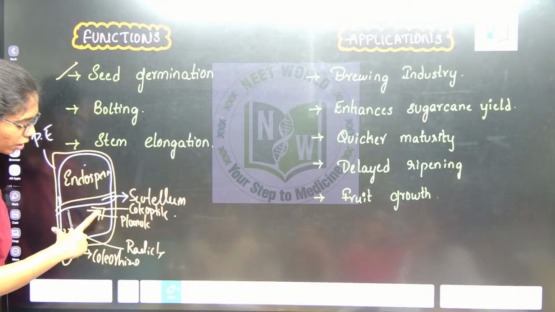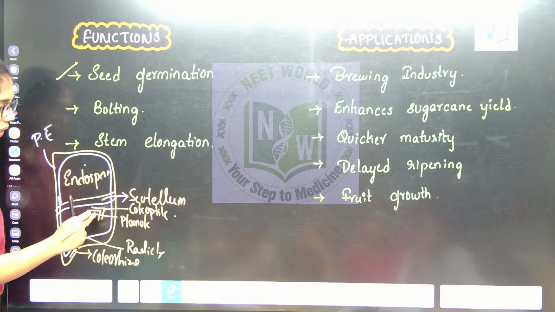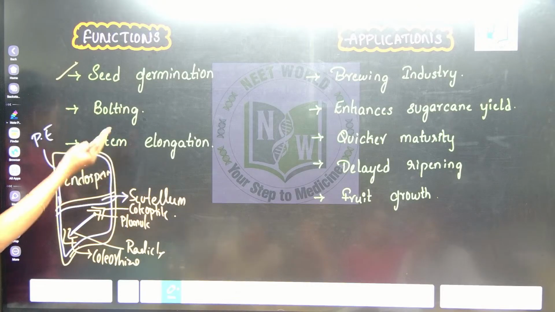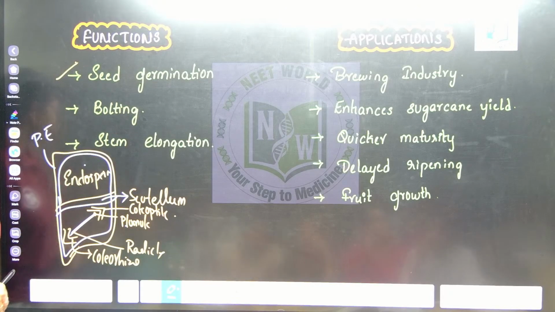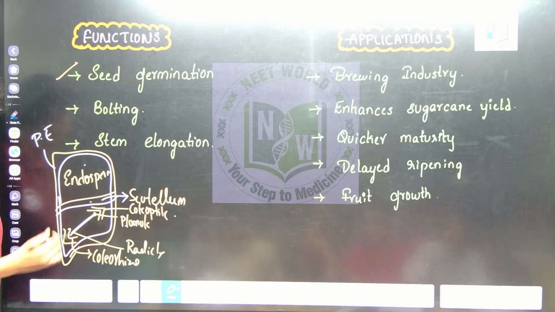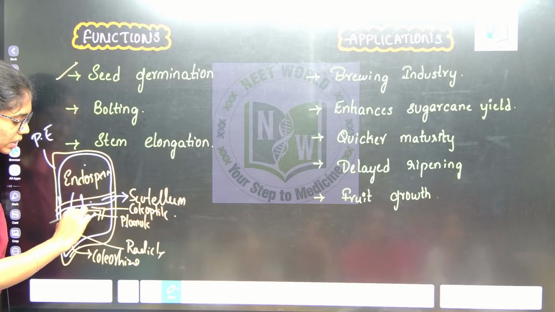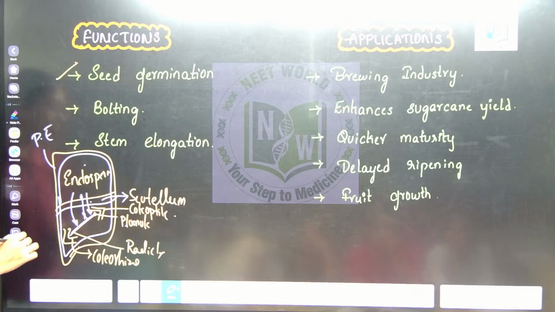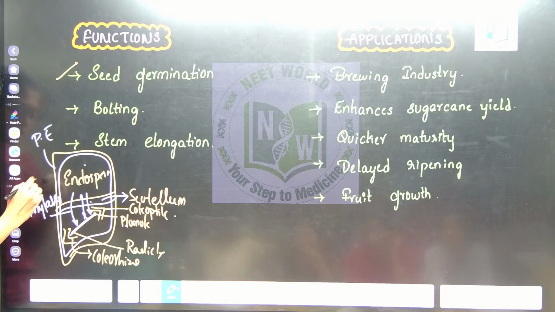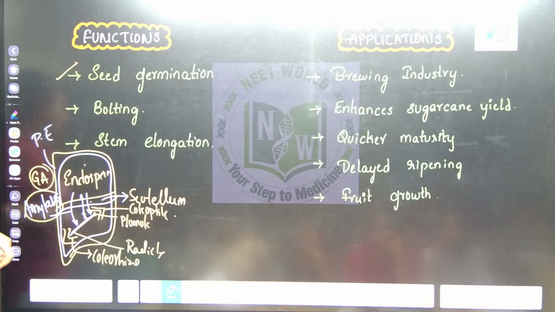Growth of this embryonal axis will happen after seed germination as well, right? This will show positive phototropic movement, and this will show positive geotropic movement. Where is the energy coming from? Not from the cotyledon, it is extracted from the starchy endosperm. To digest the complex starch, what enzyme is required? Amylase. This amylase synthesis is induced by gibberellic acid.